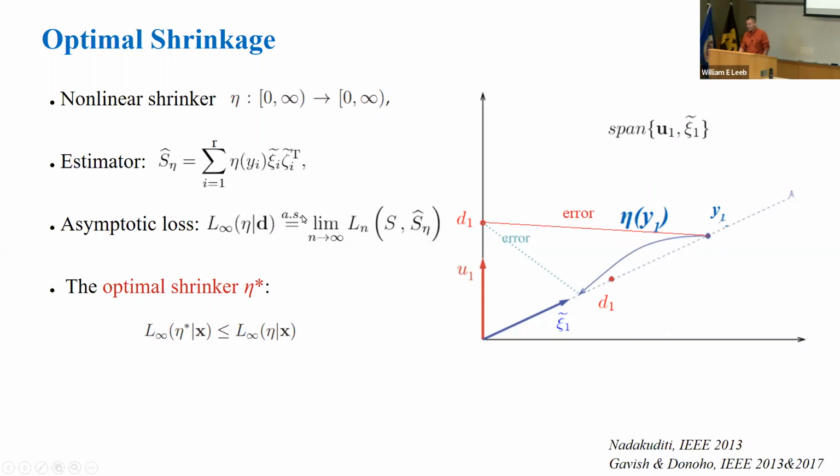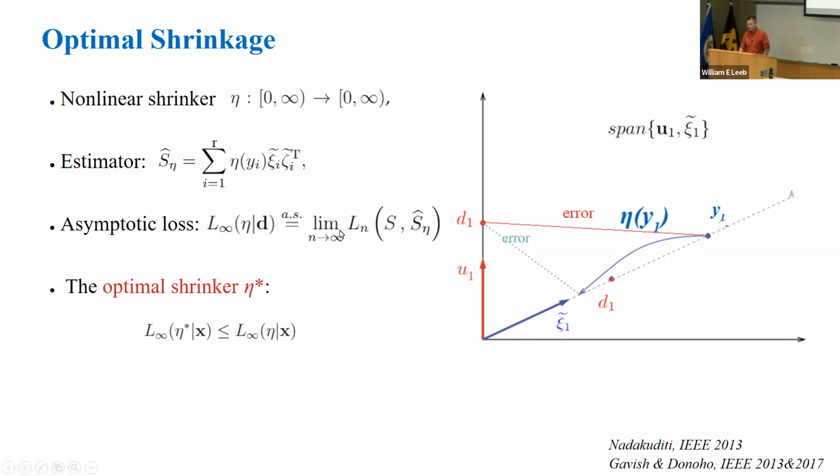Then if you apply a nonlinear function to shrink a singular value to another value, under some loss function, denoted Ln, we want to minimize this error. We want to reduce the original error to a lower error with respect to the loss function.